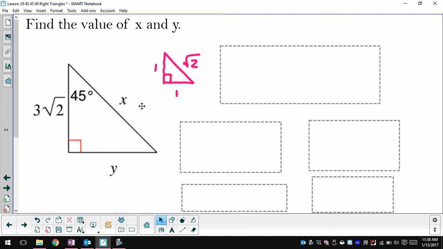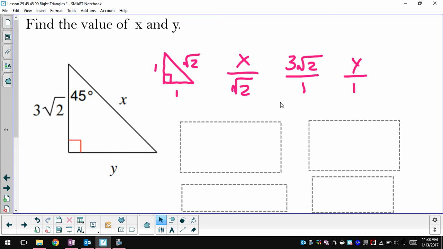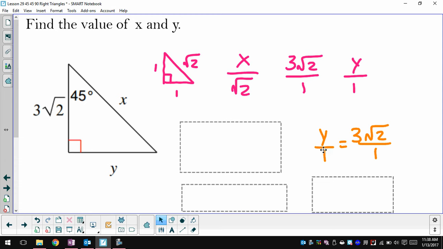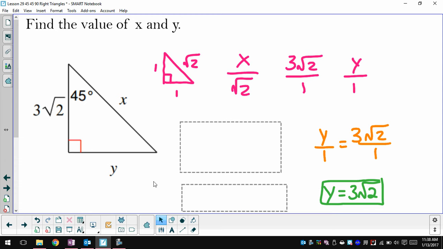So there's my right triangle. I draw it in the same orientation as the one I'm given, and then I can write my 3 fractions. You could skip writing this proportion, because since this leg is 3 root 2, we know this other leg should be 3 root 2, and so that's why y is 3 times radical 2.